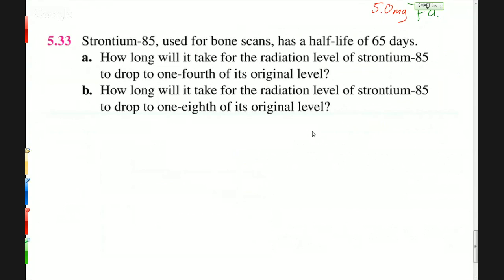How long will it take for the radiation level to drop to 1/4 of its original level? And then how long will it take to drop to 1/8 of its original level? How would you do a problem like that? This one doesn't tell you an initial amount, but it wants to know when it will get to 1/4 of its initial level.